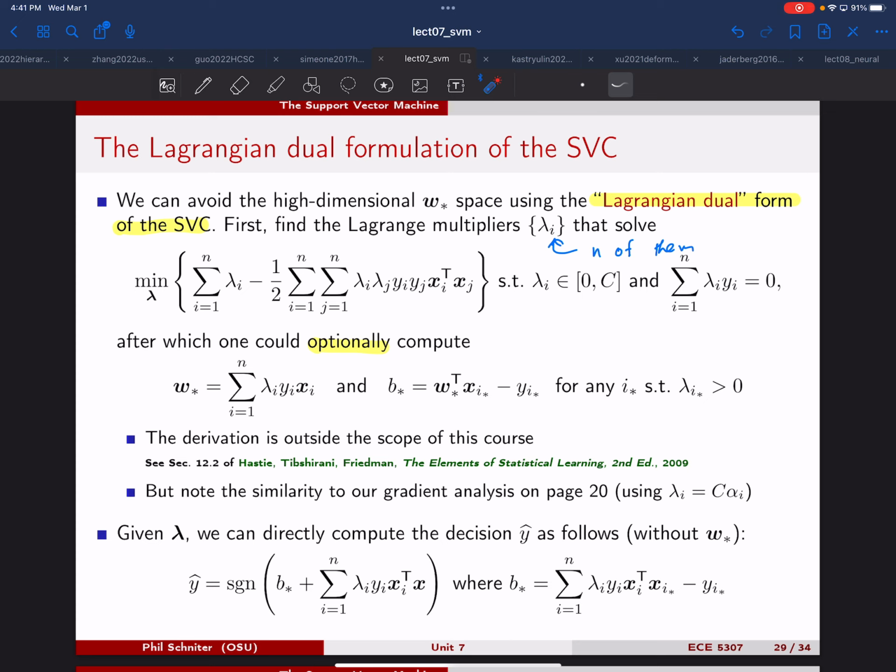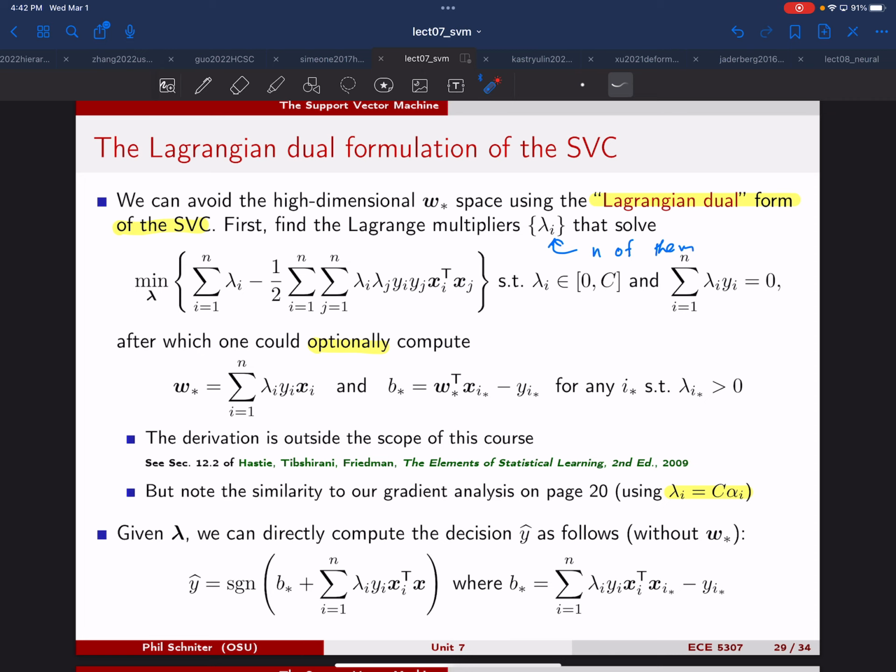Now, you might notice that a lot of these equations look really familiar from the slide where we were trying to take the gradients and we got the weird question mark. It turns out that all these equations written in terms of lambda are exactly equal to the other ones that were written in terms of alpha, except now we have c times alpha i.